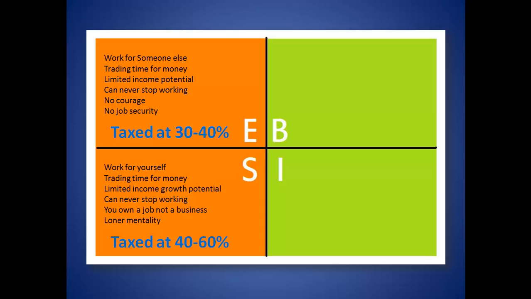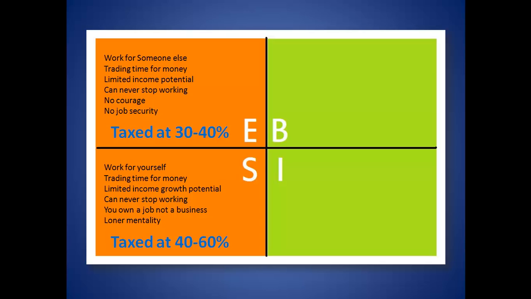Were they able to come out of school, go work for ABC or XYZ Corporation and spend their whole entire adult career there and retire with a nice retirement benefit and everything else? Probably not. So it didn't work for our parents' generation. It may have worked for our grandparents' generation, but today still we're telling our children to pursue these two quadrants of being an E or being an S.